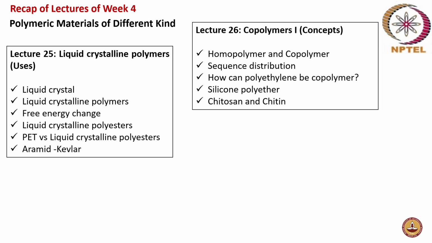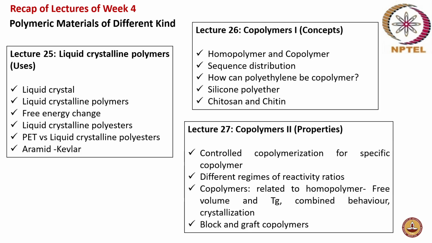So here you have two different types of monomers, and how the sequence distribution varies, like your random copolymer or block copolymer, and how can polyethylene be a copolymer, based on having different monomers, but still you will end up with the CH2 groups in the final polymer. And then silicone polyether, chitosan and chitin. So these were all discussed in copolymers 1.